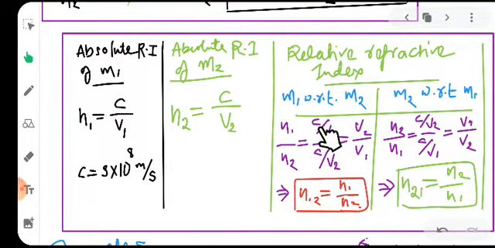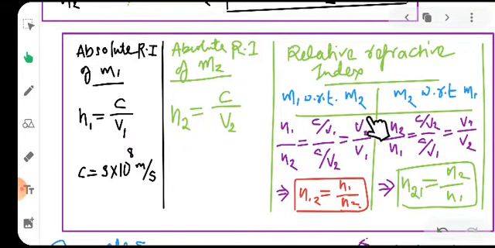As you can see, in the numerator, we have a ratio which consists of a c in its numerator, and in the denominator we have another ratio again in which we have a c. Both of them cancel out, and what we are left with is 1 over v1 divided by 1 over v2, which reciprocates to give us v2 over v1.